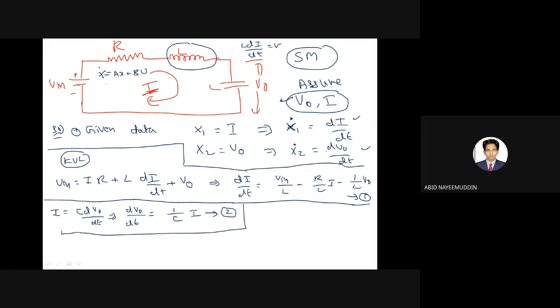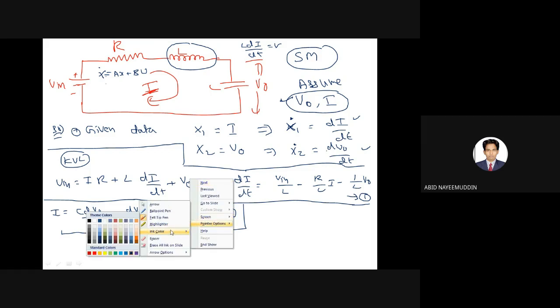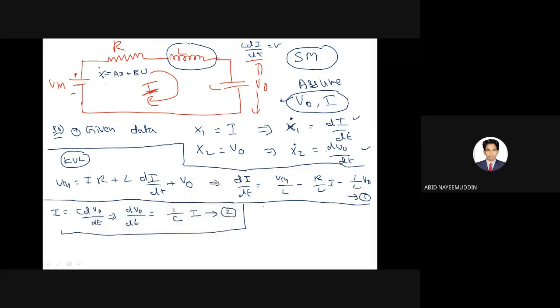Now the next step is replacing equations 1 and 2 with the state variables x1 and x2.